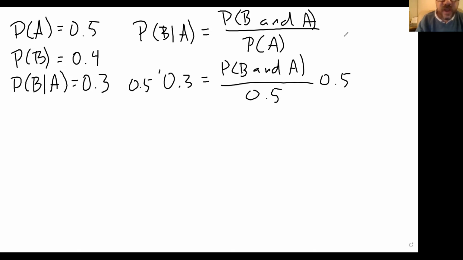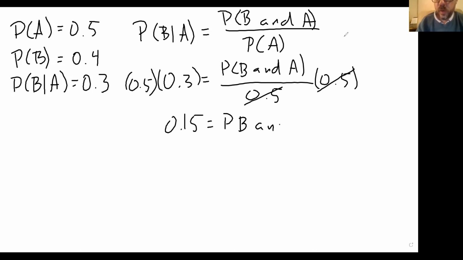This is an actual equation. When I do that, on the right, it cancels out. On the left, I get 0.15 equals probability of B and A. I don't know why I didn't write parentheses. There we go. That's all I have to do to find those. So I know the probability of A and B, or B and A, is 15%.